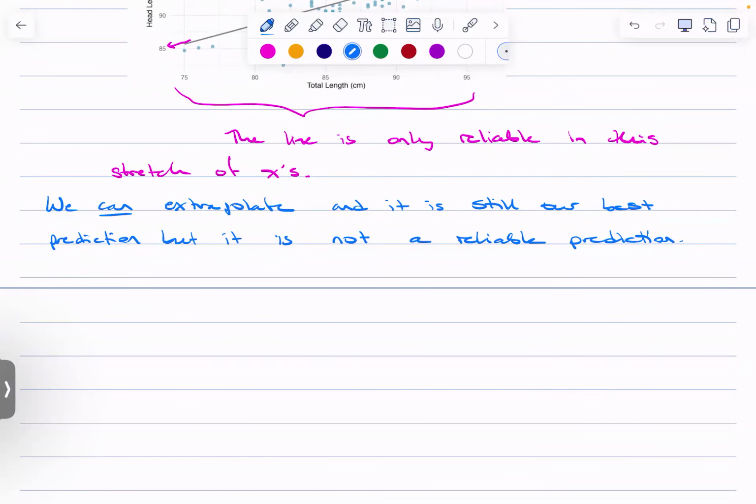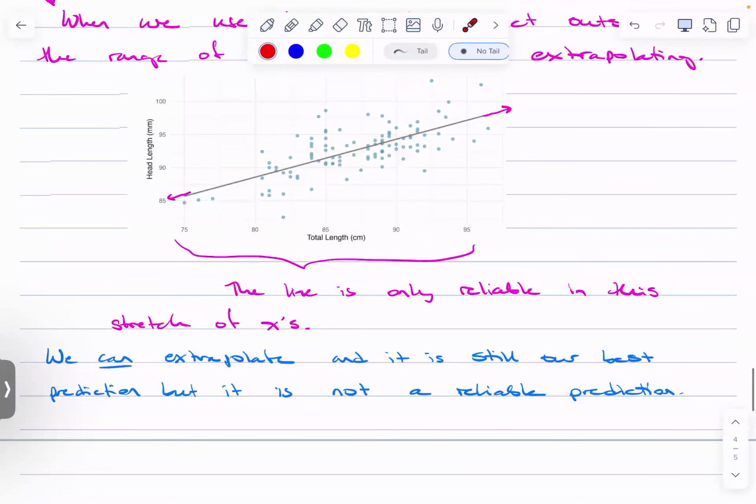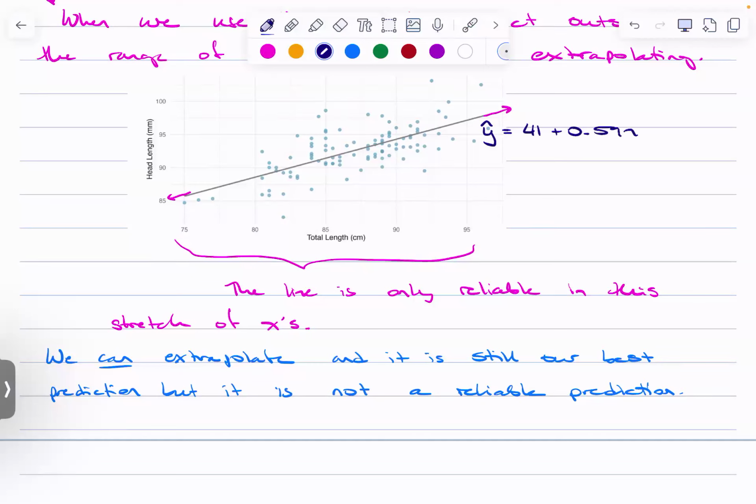Okay, let's see here. So we've got a line. We know how to interpret the slope, the intercept. The last thing that we usually incorporate, on top of our line of best fit, maybe y hat is 41 plus 0.59 times x, right?